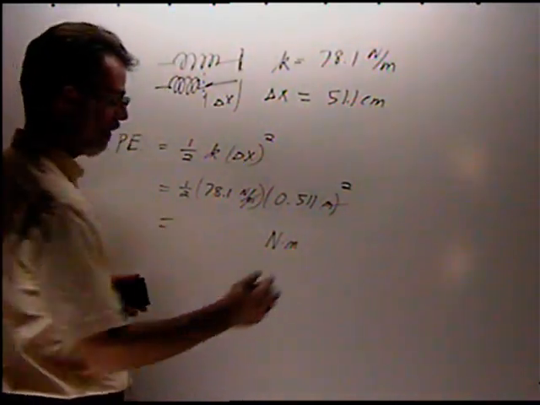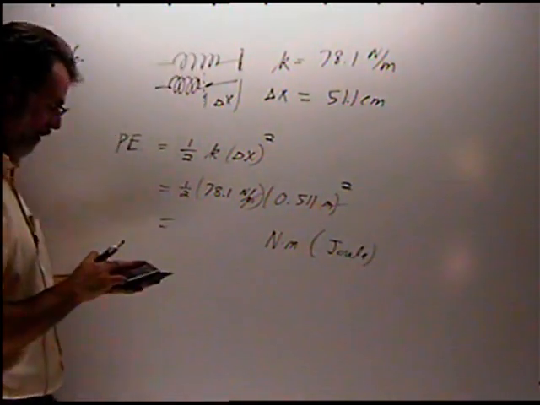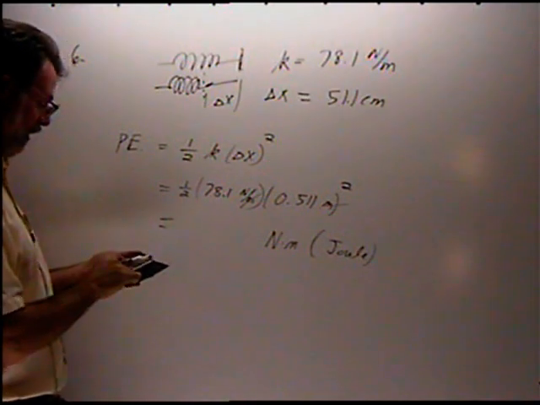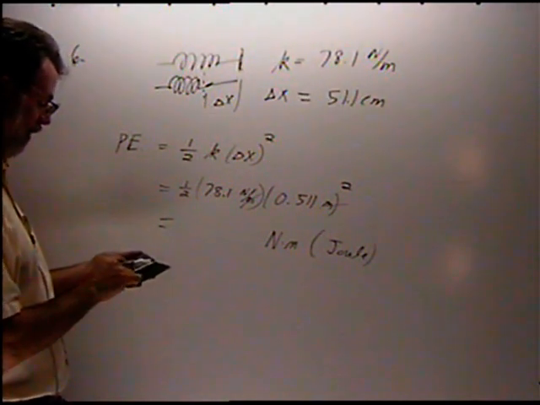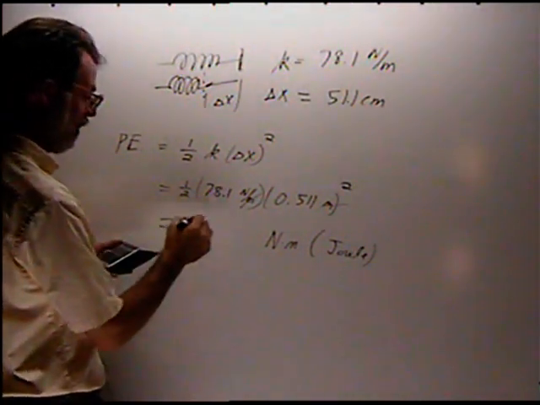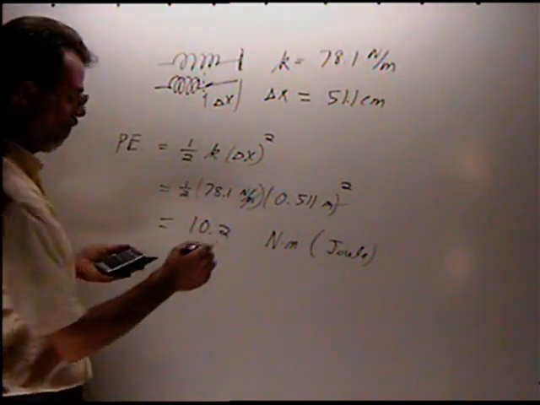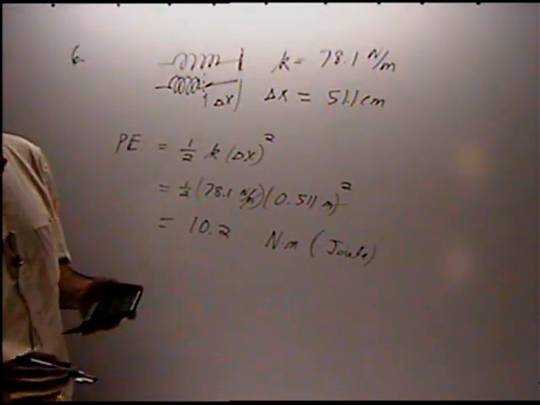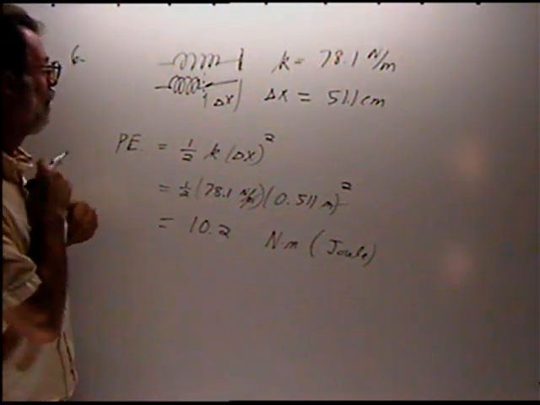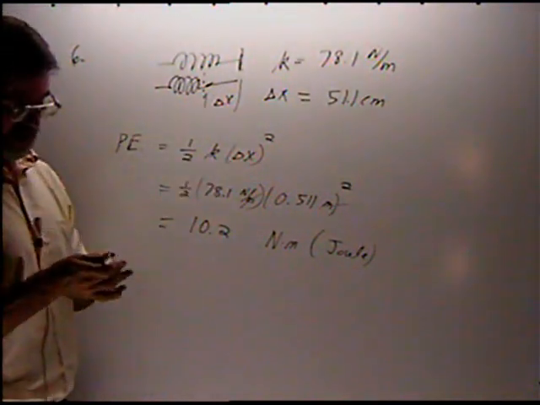Remember what a newton meter is? That's the same thing as a joule. So we get 0.511 squared times 78.1 times 1/2, and I get 10.2 joules, rounded off to 3 significant figures. So it takes a certain amount of energy to compress a spring a certain distance.